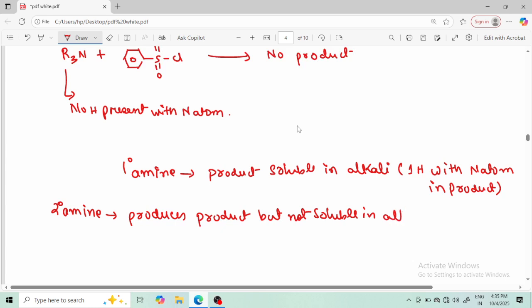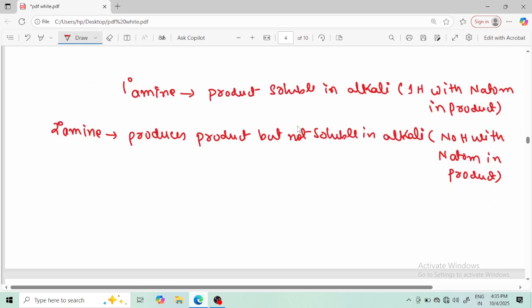The reason is no hydrogen with nitrogen atom in product. And if it is 3 degree amine, then here you get no product. I have already explained you this part. I hope it's clear, right?